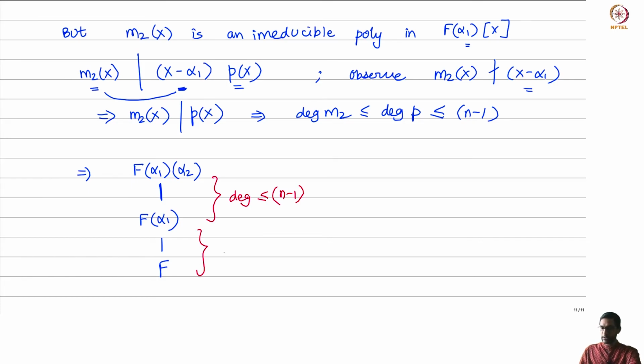And this we had already seen has degree at most n. By the way, F(alpha 1) adjoined alpha 2 is just what we call F(alpha 1, alpha 2). It's the same thing really. So this degree is at most n minus 1.